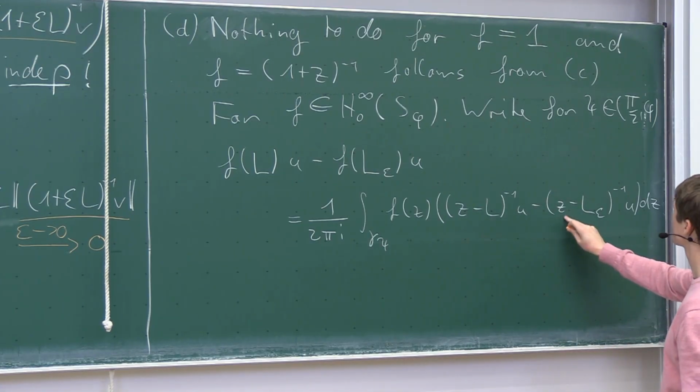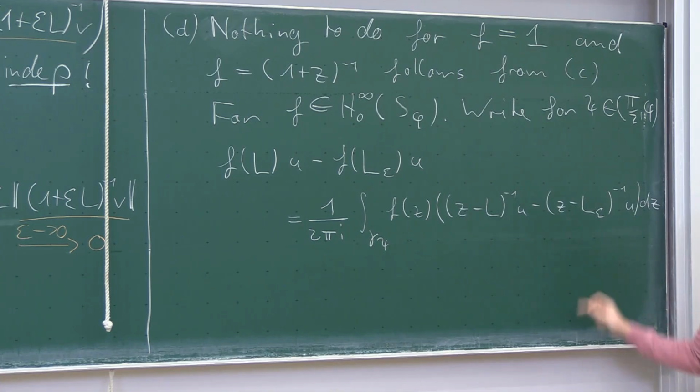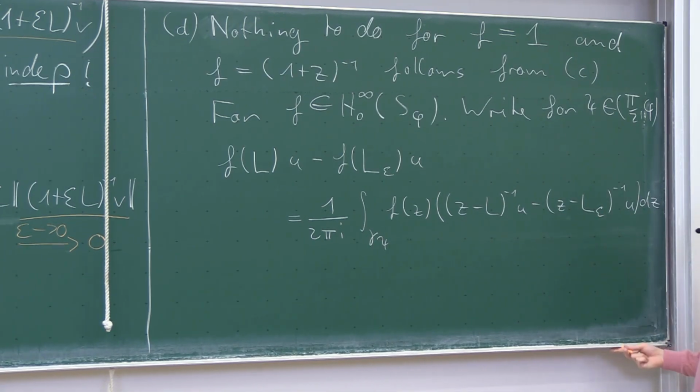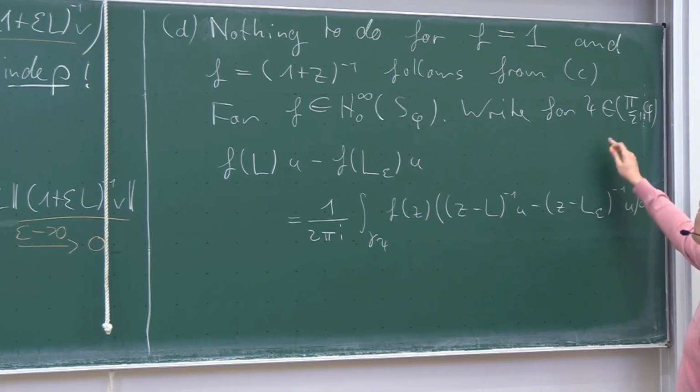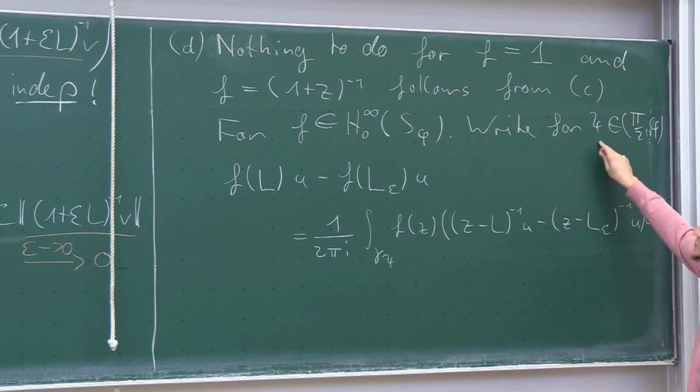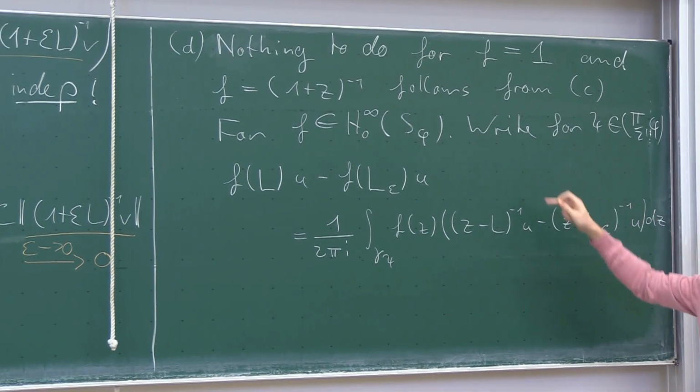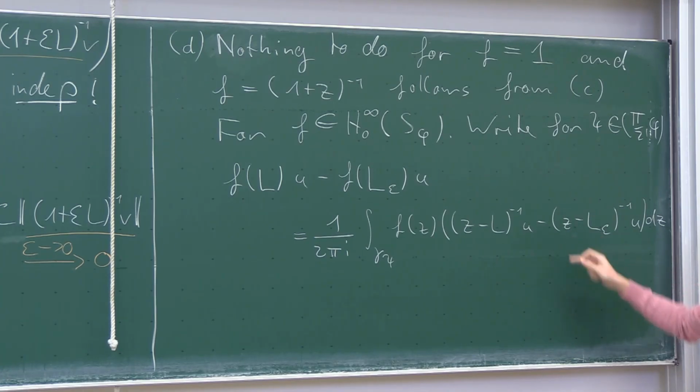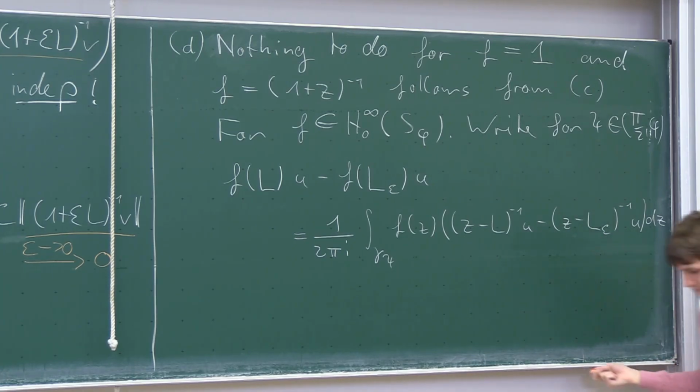So this means that we can control the resolvent again by a constant times 1 over the real part of z. But as the z comes even from a sector with a strictly larger angle, we can again replace the modulus of the real part by the modulus of z.